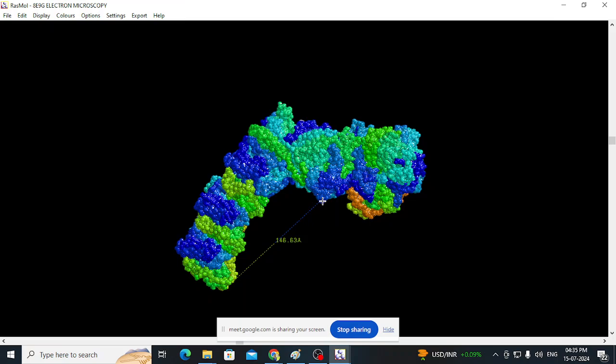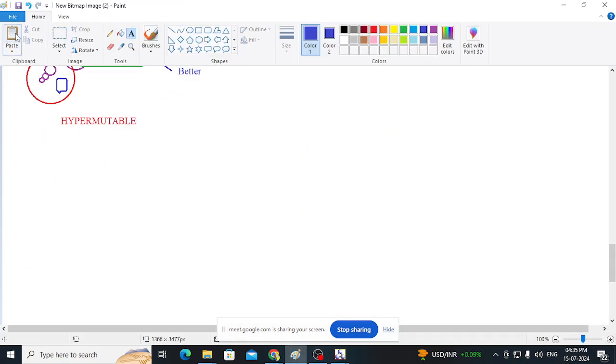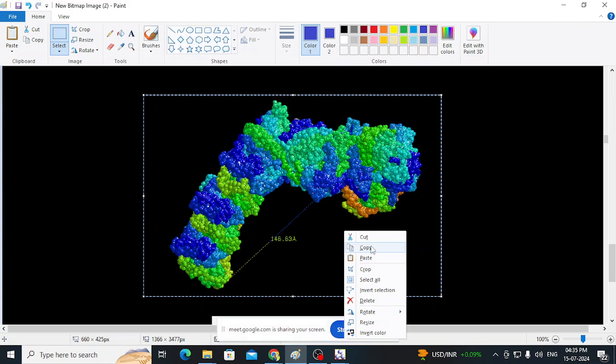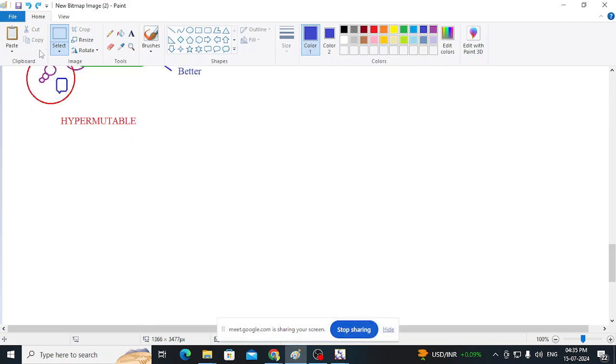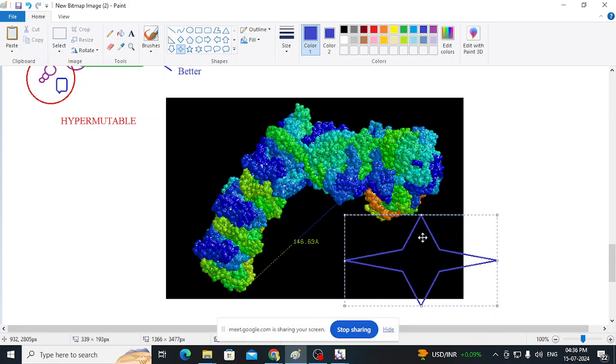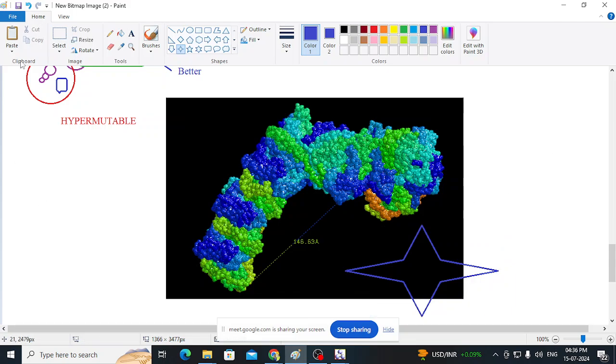So what does it mean? If you want to build a drug around it, consider that this is your studied file. Your drug should also have at least this size, which is equivalent to the size of the pocket.